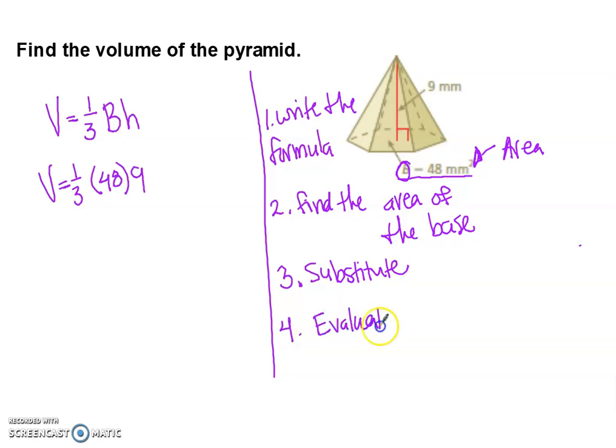Multiplication is commutative, so you can choose the order in which you multiply. You can multiply the two numbers first and then divide by the fraction, or you can multiply by a third. Up to you. Personally, I look at this and I say 1/3 of 9 is 3. 9 divided by 3, that's 3. And 3 times 48 is 144.